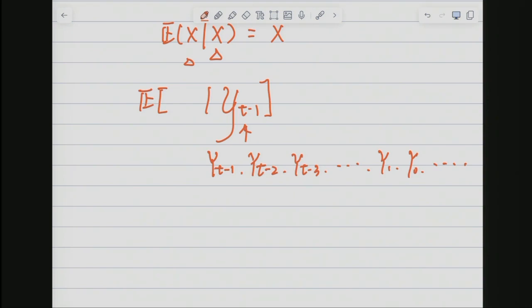All the history of y up to t-1 is given, and it's all embedded in this notation, the big curly Y_{t-1}. So that means, okay, whenever you have y_{t-1}, the immediate past, as the outcome that you want to predict, this conditional expectation must equal itself because it's already given.